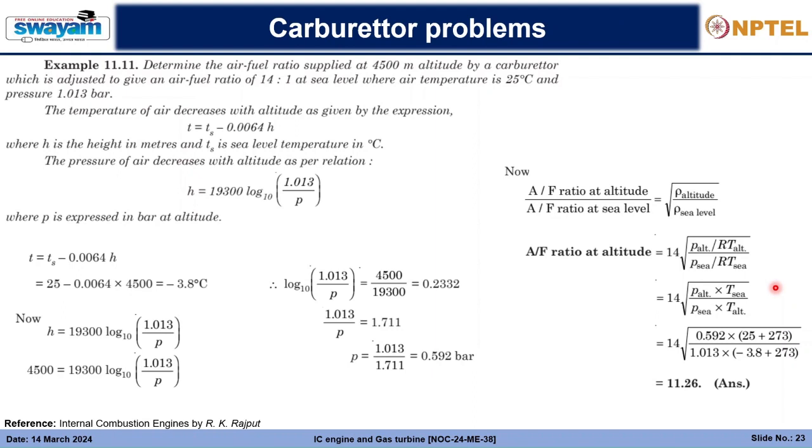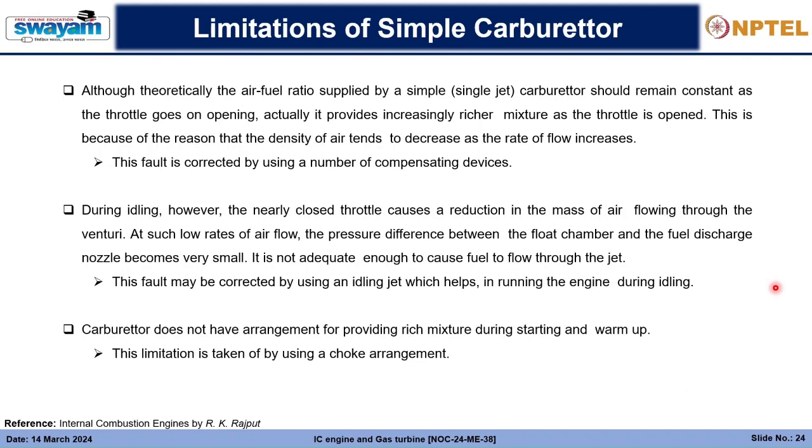Now we will get into the limitations of this carburetor arrangement. So this was the case for the simple carburetors, very simple carburetors without any augmentation, and there are certain limitations to it. The first limitation of a simple carburetor: although theoretically the air-fuel ratio supplied by a simple single jet carburetor should remain constant as the throttle goes on opening, actually it provides an increasingly richer mixture as the throttle is opened.